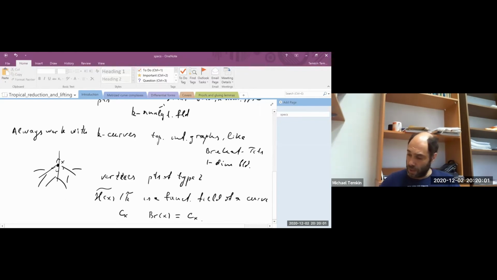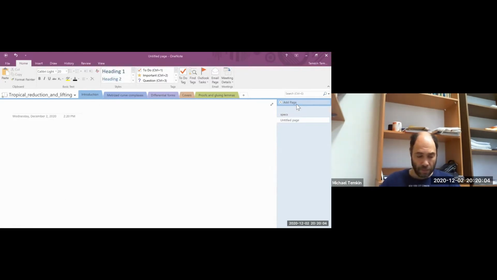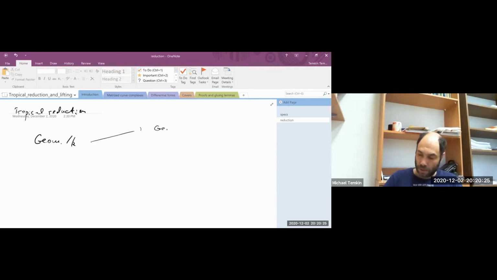Okay, good. Now let's discuss a bit what I mean by tropical reduction. So it happens often that to a geometry over K, one can associate geometry over K tilde. Typically, this is reduction, or the closed fiber of a formal model.